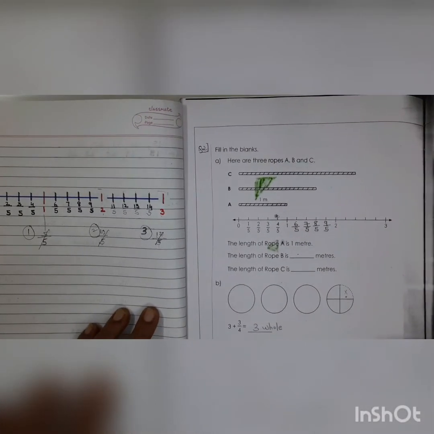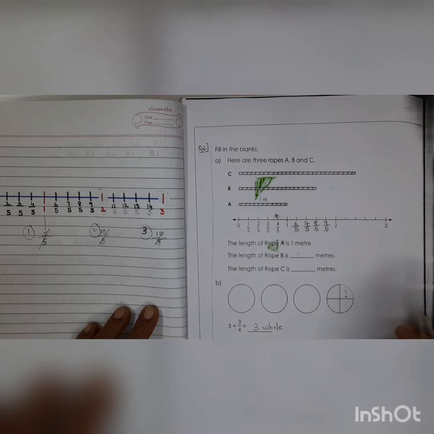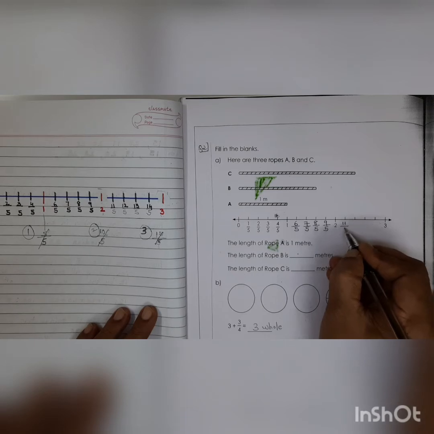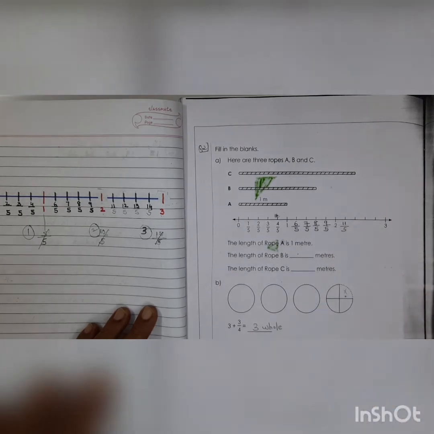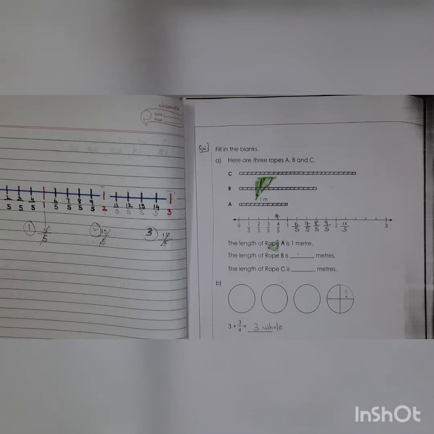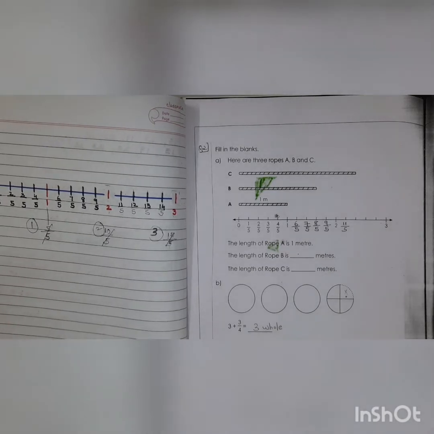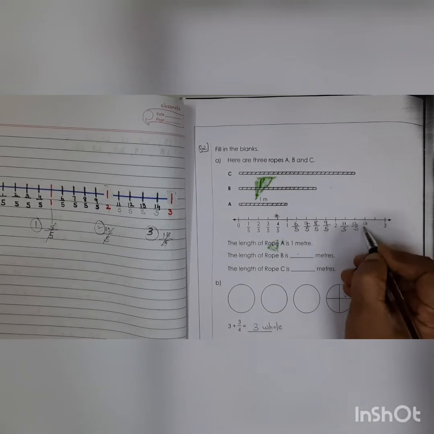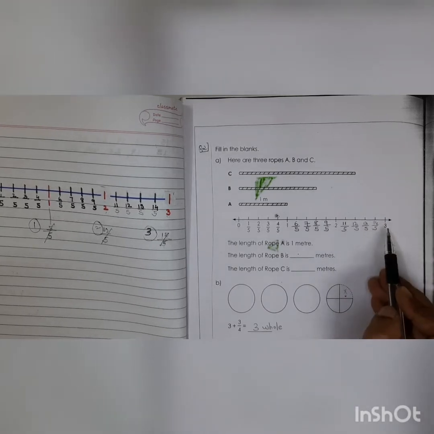So after 2, children, what will I write over here? This will be 11. 11 upon 5. Right? Now what will be the next one? Come on, tell me. Yes, 12 upon 5. This will be 13 upon 5 and this will be 14 upon 5. Now children, how did we get 3 over here?